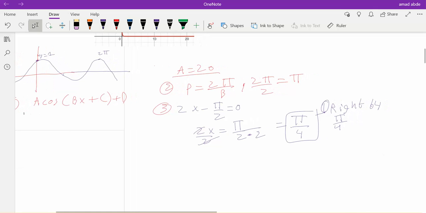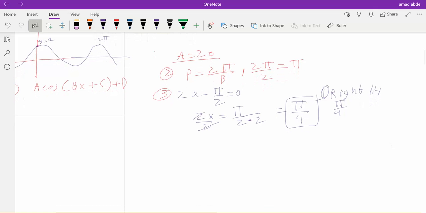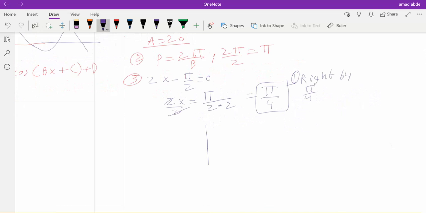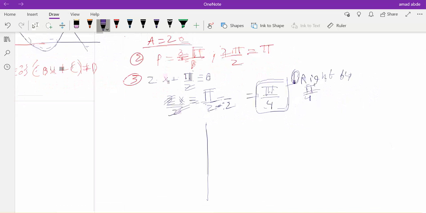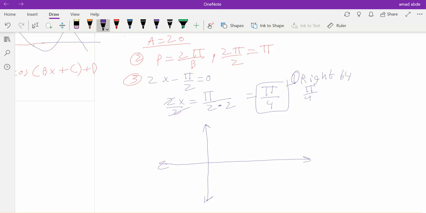Number 1, we know the amplitude is going to be 20, so it goes from 20 to -20. Number 2, we know that the period is pi, so let's set pi somewhere in here.